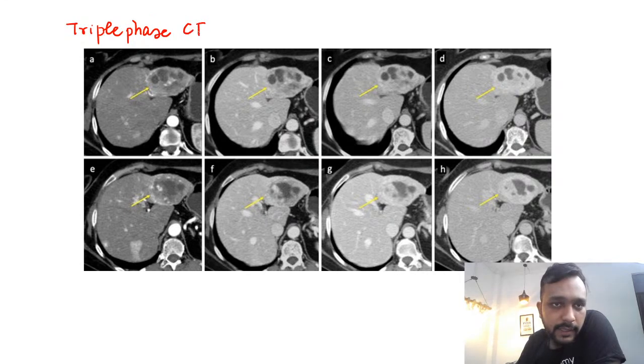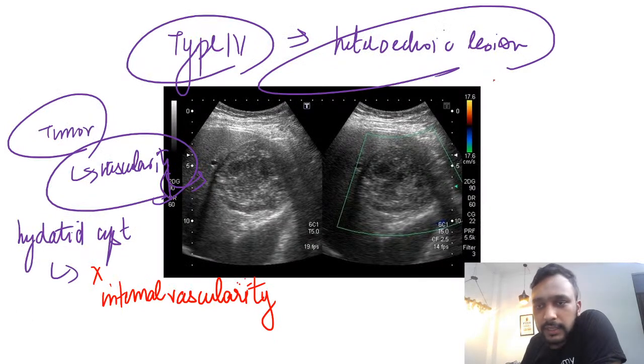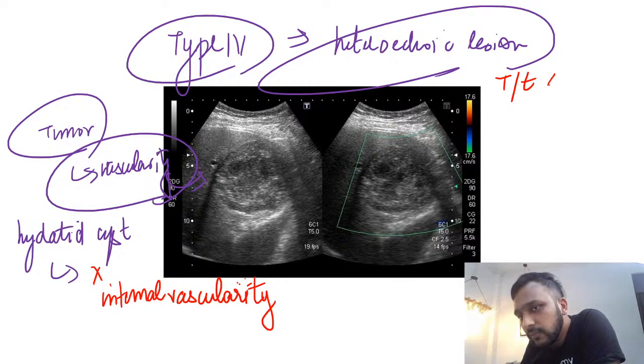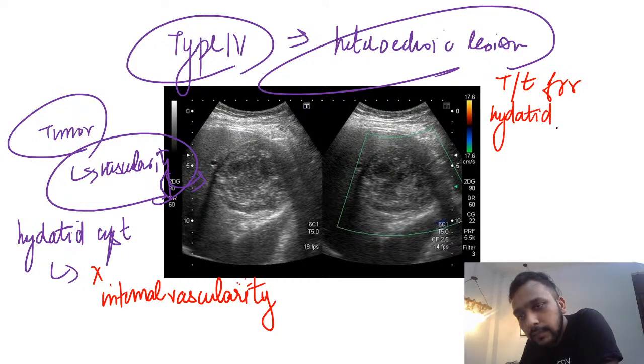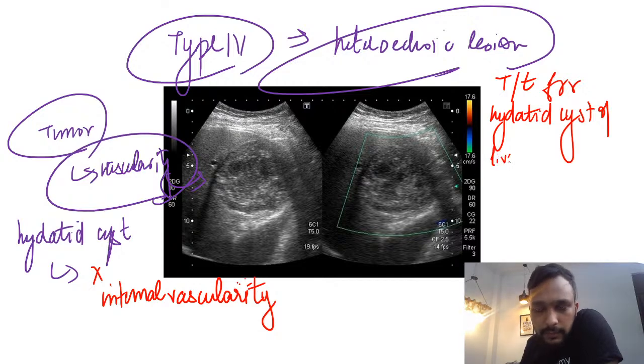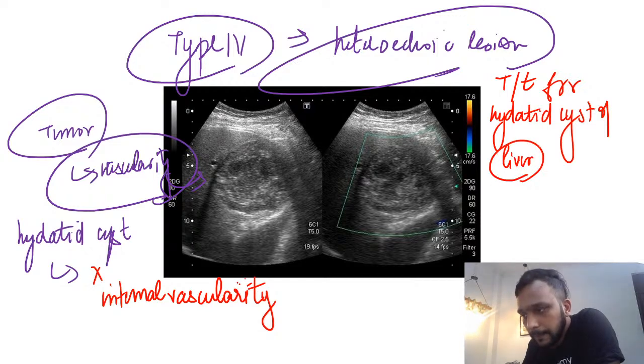Before I show you this case, also tell me guys, what is the treatment for hydatid cyst of liver? Anyone?